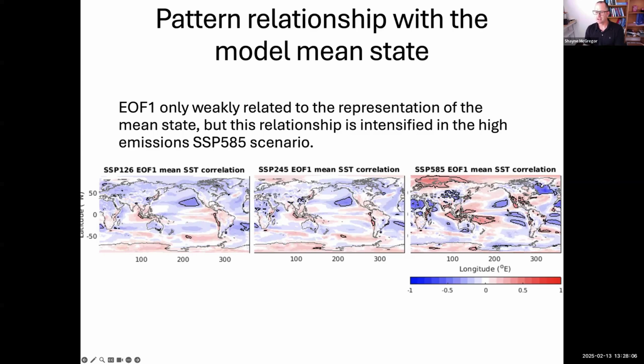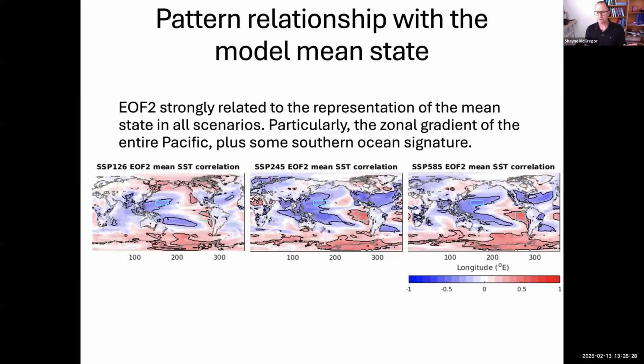There's a little bit of a relationship with a zonal east-west gradient, a little bit with Antarctic warming, and a little bit with cooling in the North Atlantic. But it doesn't feel very strong to me, and it's not consistent across the different scenarios. However, EOF2 has a strong and significant relationship in all three scenarios.